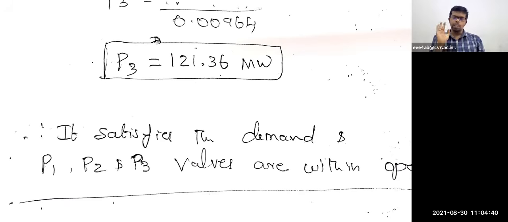After that, if you add all this P1, P2, P3, in that scenario also you will not get 850 megawatt exactly. You will get the total demand as 849.99999 some 7 or 8 like that. So that is approximately equal to 850 megawatt only.